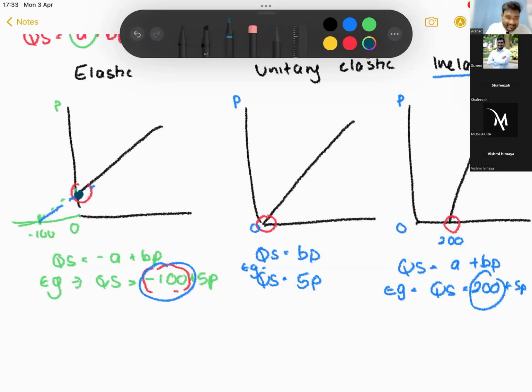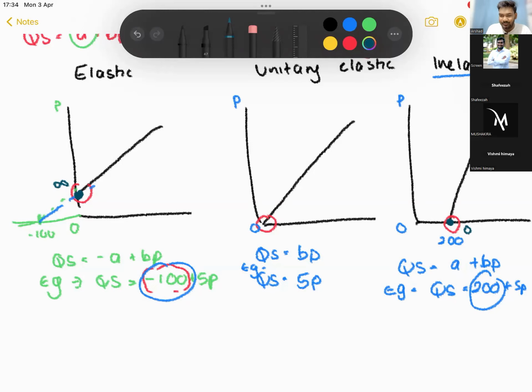Remember, guys, at this point of the supply curve, your PES is infinity. Can you tell me in the inelastic curve, at this point, how much is your PES? At this point, it is 0, right? PES is 0. So now, is there any number more than infinity? Can the PES increase more than infinity?